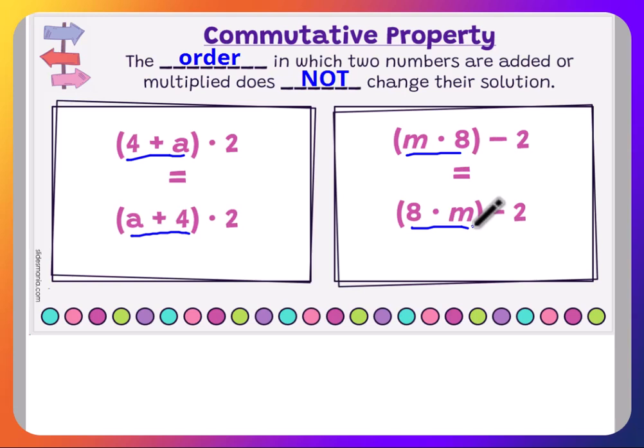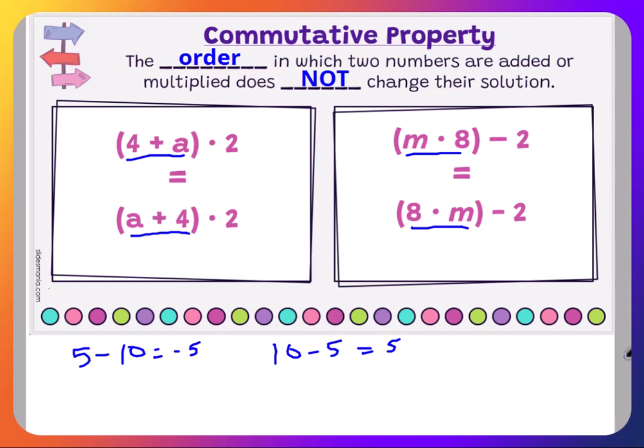What you cannot do is change the order of two numbers that you're subtracting or two numbers that you are dividing. If I have 5 minus 10, and I change that to 10 minus 5, are these the same? Well, 5 minus 10 is going to equal negative 5, where 10 minus 5 equals positive 5. So you do not get the same answer.